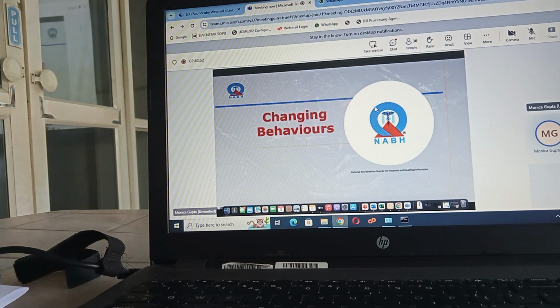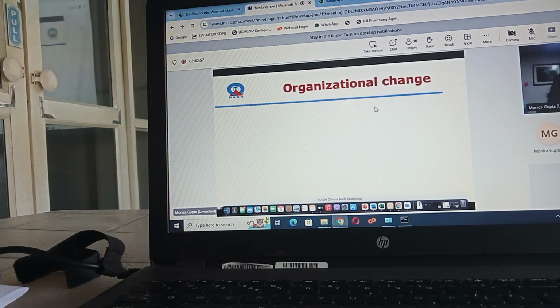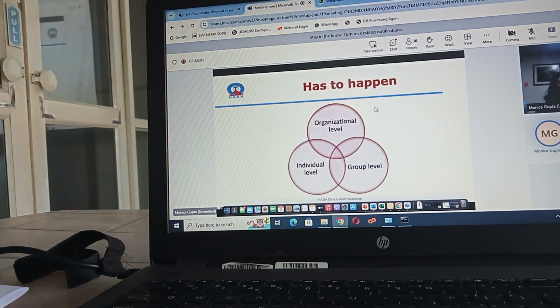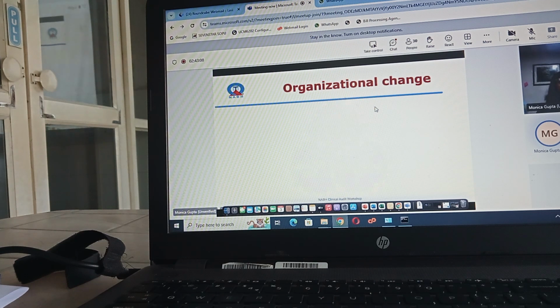Then comes changing behaviors. So changing behaviors requires a lot of soft skills. This has to be done at the organizational level, group level and individual level. Then it will come down to the individual.